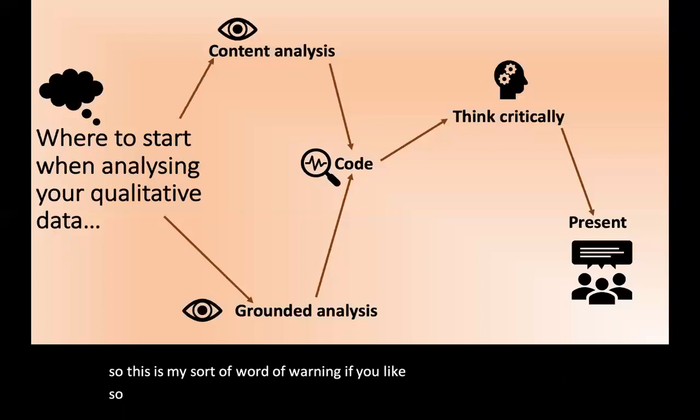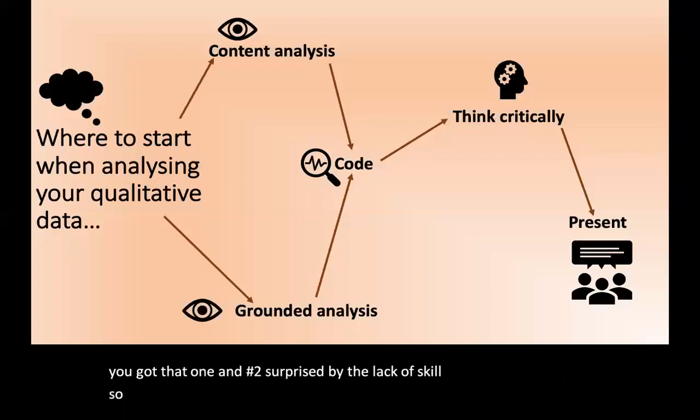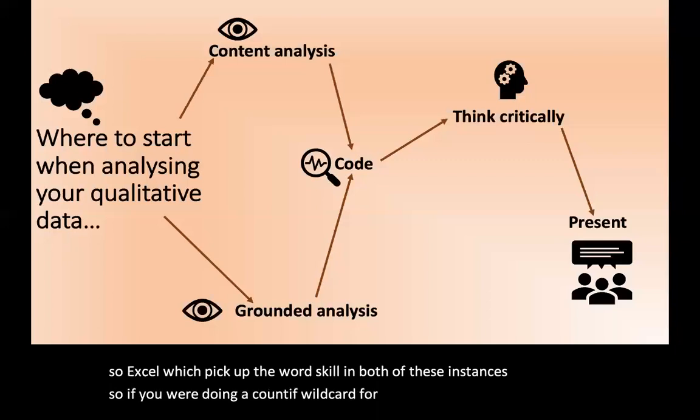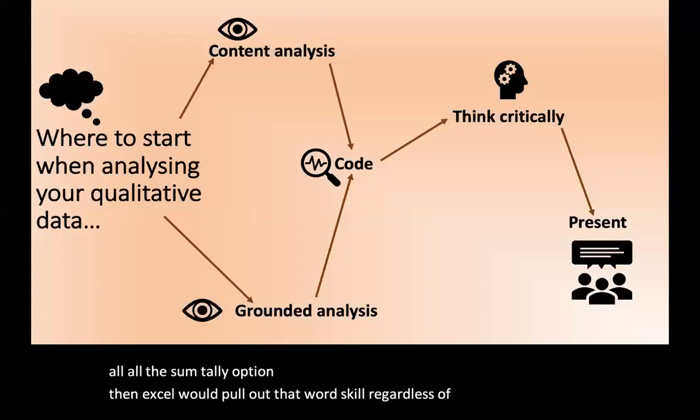So let's look at the two different statements. Number 1: incredible skill and talent displayed. And then number 2: surprised by the lack of skill. Excel would pick up the word skill in both of these instances. So if you were doing a COUNTIF wildcard, for instance, or the sum tally option, then Excel would pull out that word skill regardless of which sentence it was in.